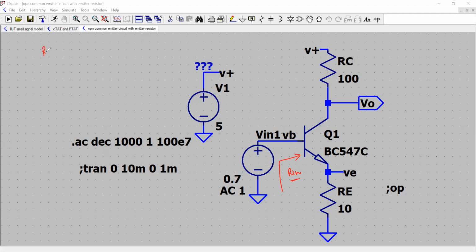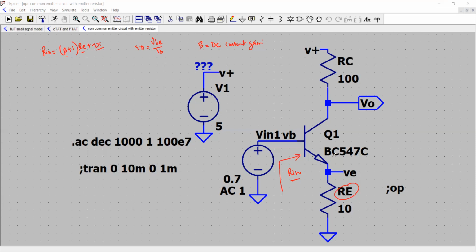Theoretically, we calculated R in to be approximately (beta plus 1) times RE plus R pi, where R pi is the small signal equivalent base to emitter resistance, which is the ratio of input voltage divided by the input current, that is VBE over IB, and RE is this resistance, and beta is the DC current gain of the BJT.